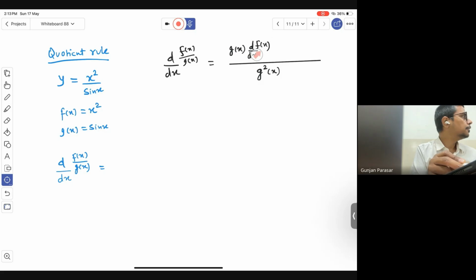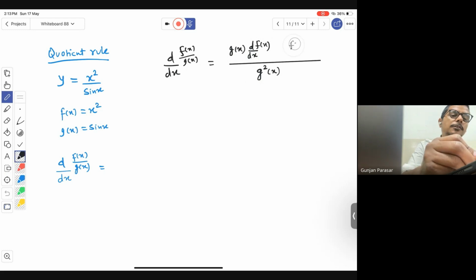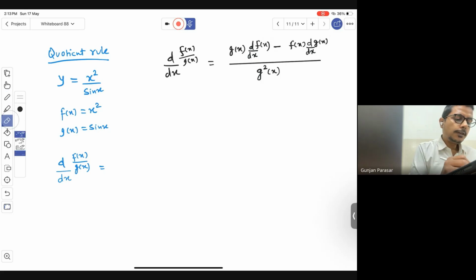We multiply it with the differentiation of the numerator and then reverse. We'll keep the numerator as it is and multiply it with the differentiation of the denominator. But a minus between them will be present. So for example, dy by dx of x square by sin x if I have to do.